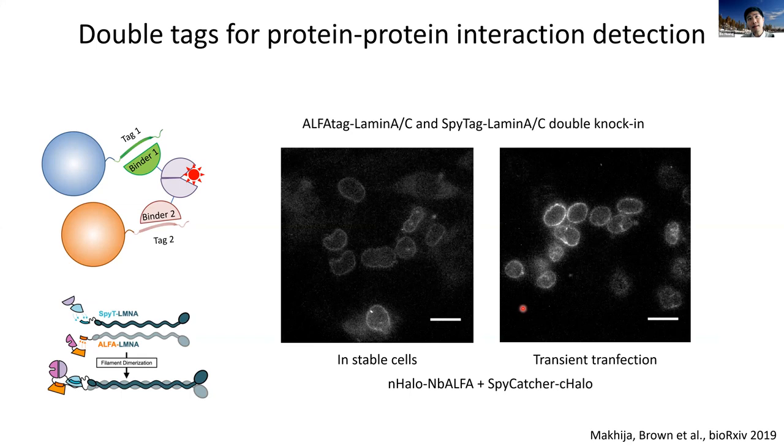Because NAMing dimerizes, we can see the complementation signal on the nuclear envelope. We could even just do the knock-in and then transiently transfect the cell with the binder and the split Halo system. So that really becomes a highly modular system to analyze the interaction of endogenously tagged proteins.